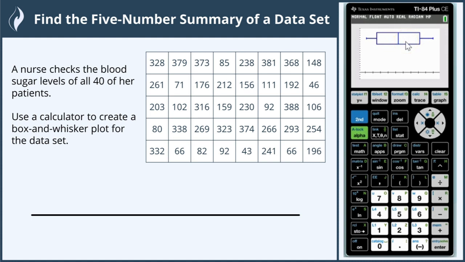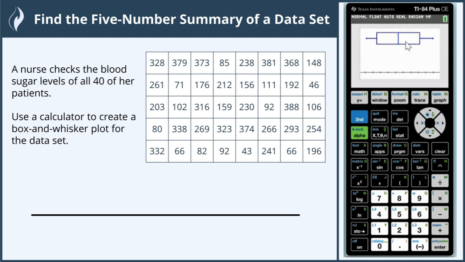So if it doesn't show up when you go to graph, you need to go to zoom and number 9, zoom stat, so that it basically shows your graph. If you have any other graph in there, you need to go to y equals and delete anything in there. If you see like any algebraic graph, like any parabola or line, you might have other stuff in there. Make sure you delete your y equals, anything in there.